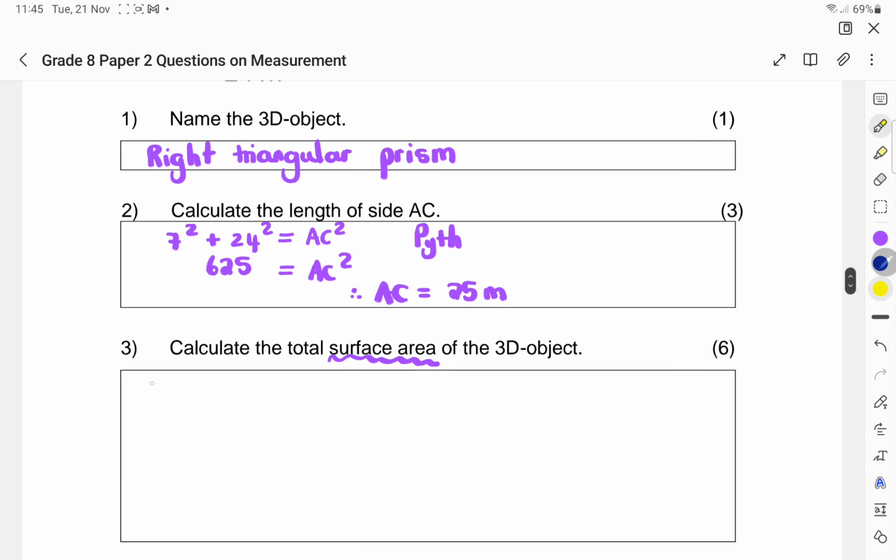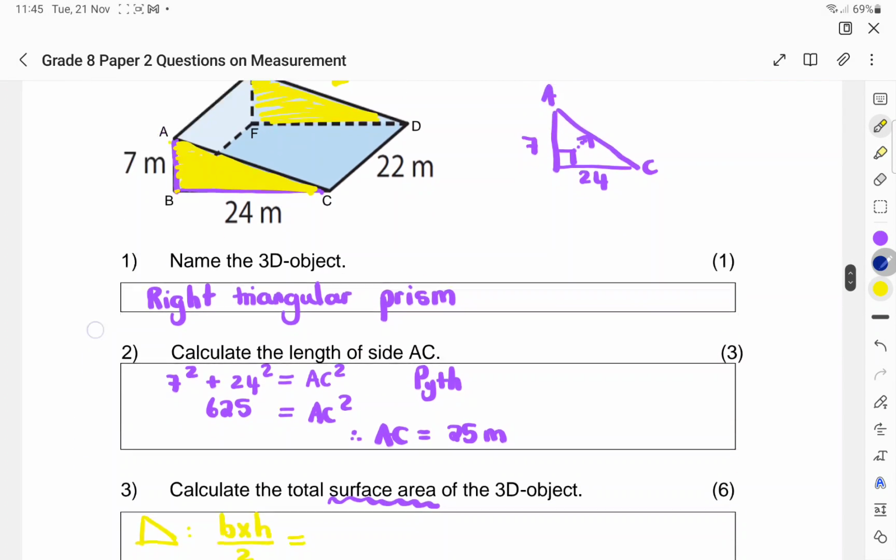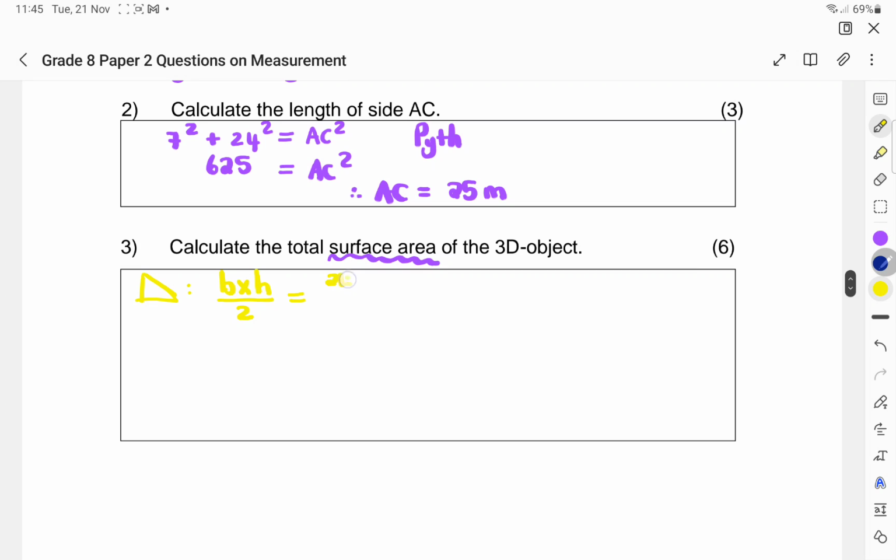Okay, so for the triangle, we know the area is base times height divided by 2, and luckily we've got the base, we've got the height, so it's 24 times 7 divided by 2. I'm going to do it a long way.